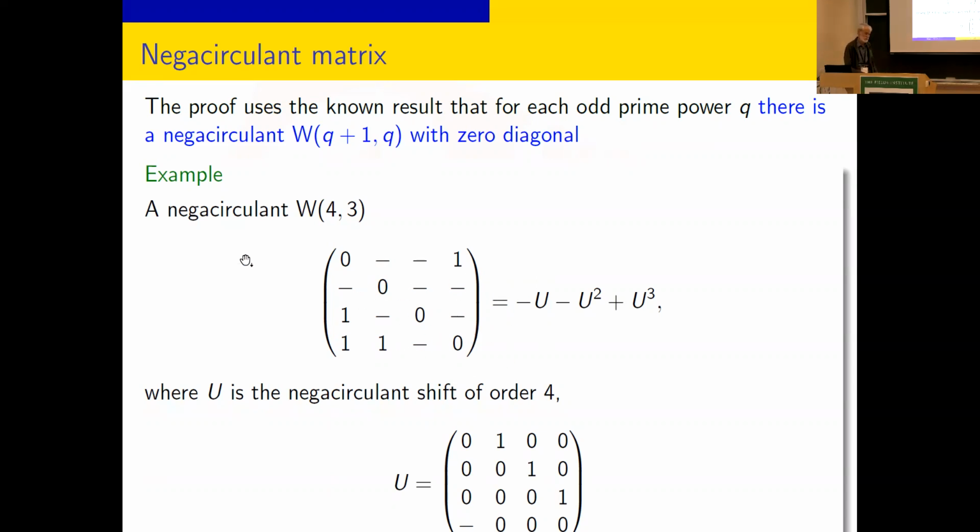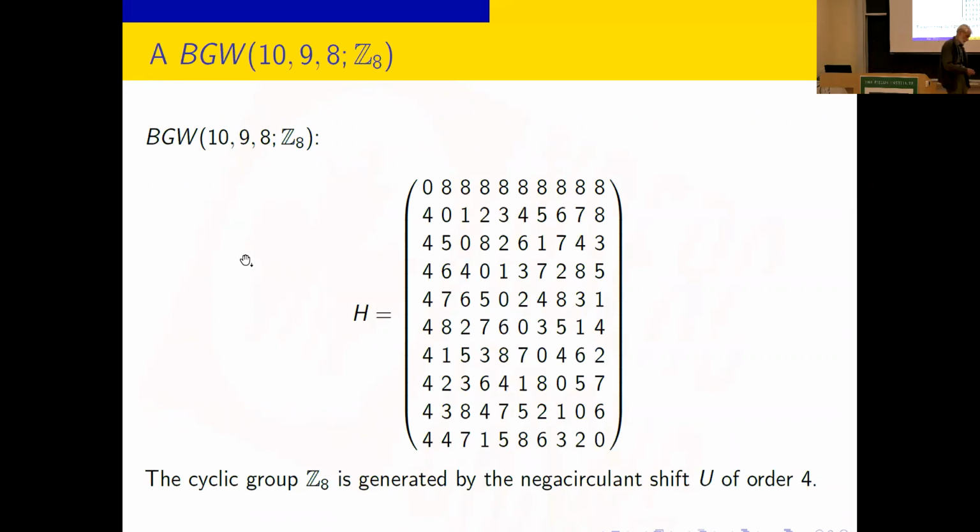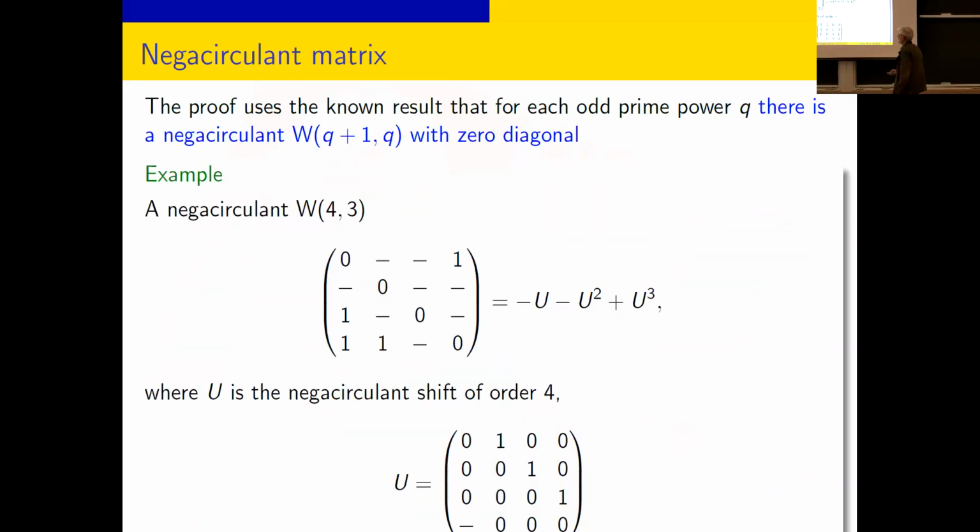So the first row is enough to give you all the entries. Every negacirculant matrix is a polynomial in the negashift. You can see that you shift to the right, and this -1 becomes minus in here. We can also have a more general version, the so-called omega-circulant one.